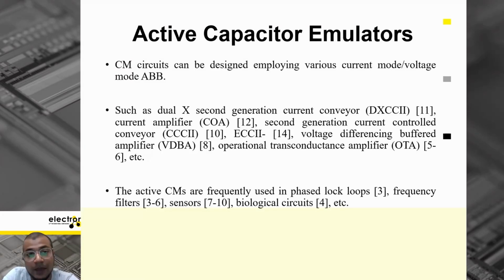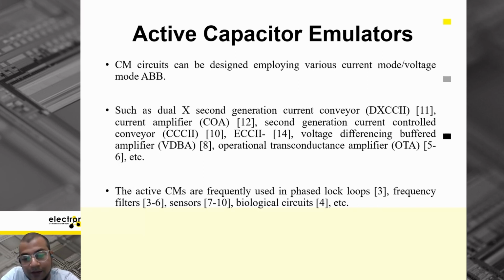There are many capacitive multipliers already available in the literature, using active blocks like dual X second generation current conveyors, current feedback operational amplifiers, or second generation current controlled current conveyors. These are already used for the design, but still there are new blocks. The voltage conveyor is a relatively new block that has been explored for various analog applications.